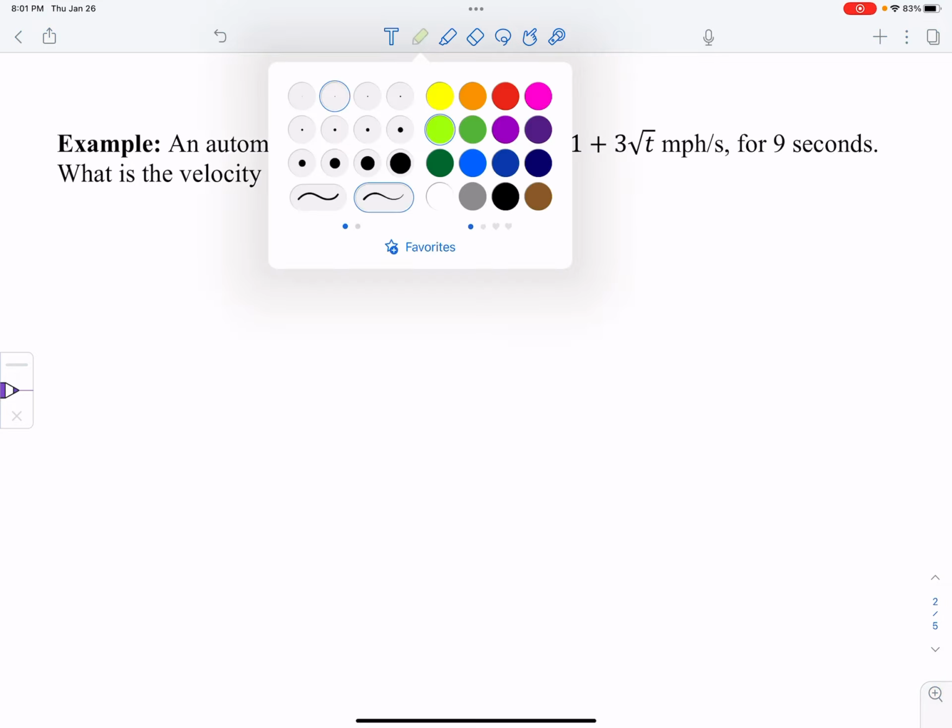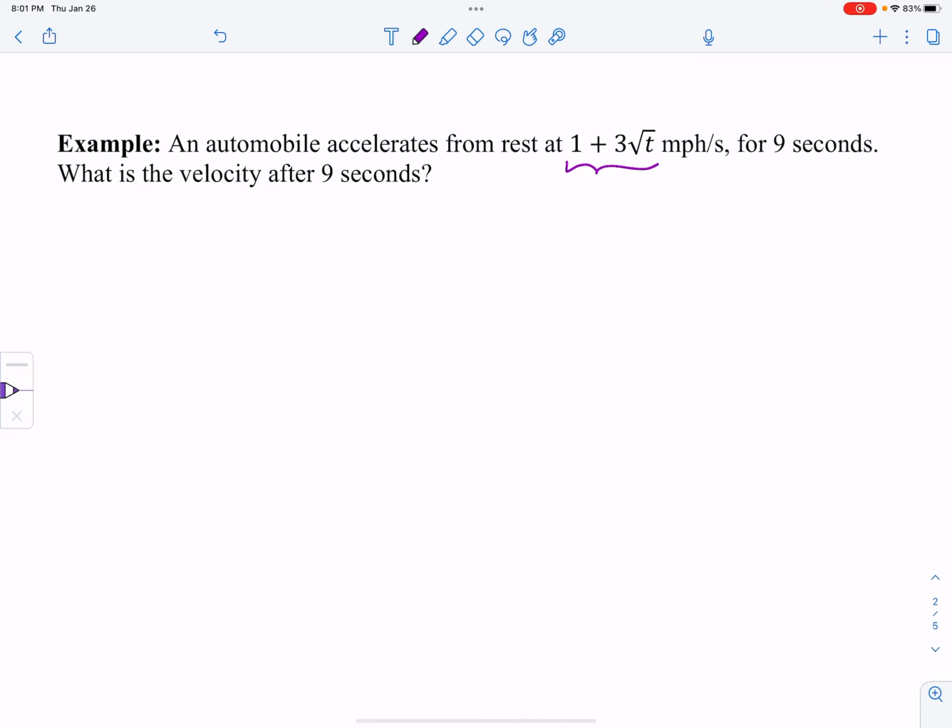This is our acceleration function, a of t, and we want to know what the velocity is after 9 seconds. It's important to recognize that it says the automobile accelerates from rest, so it goes from velocity being 0.